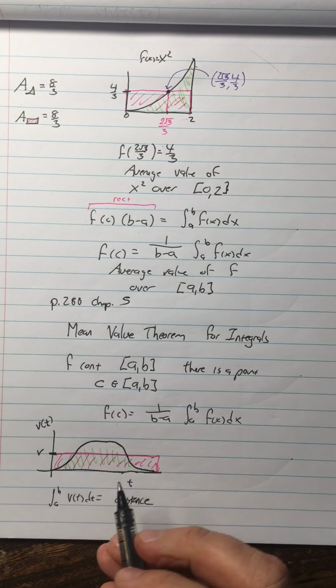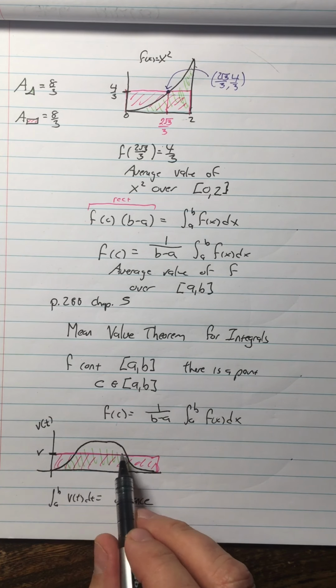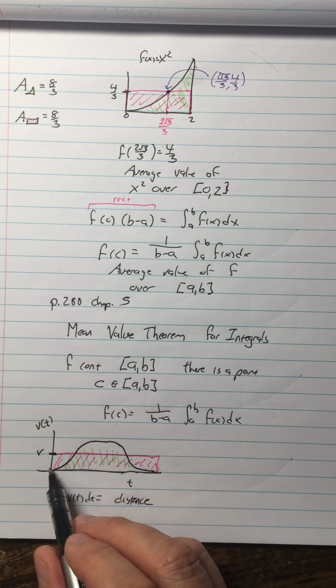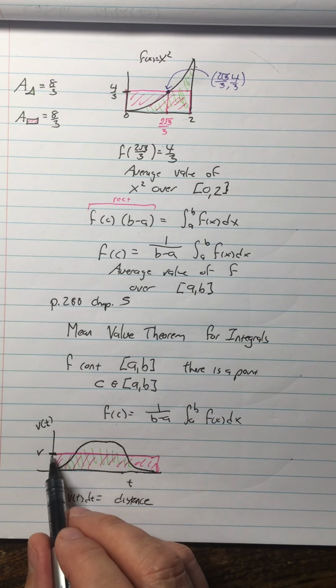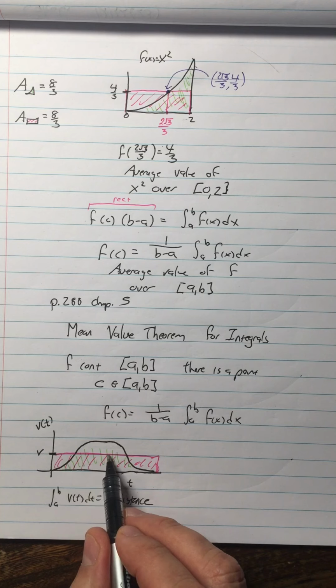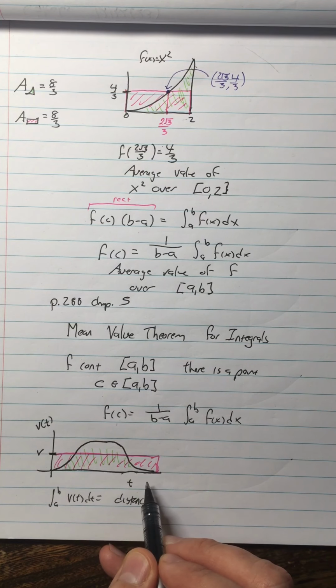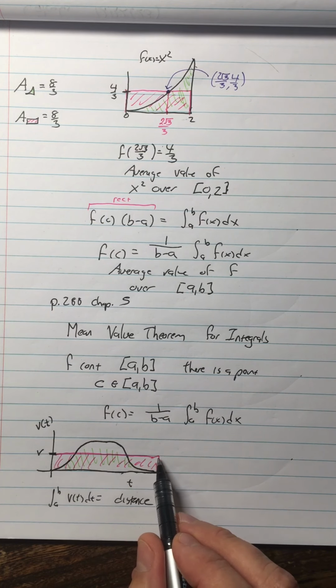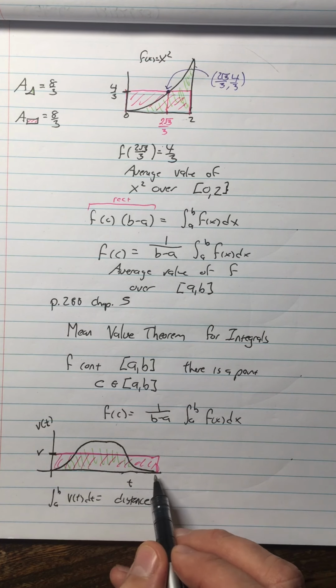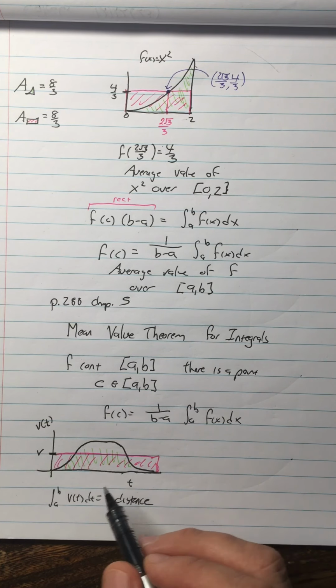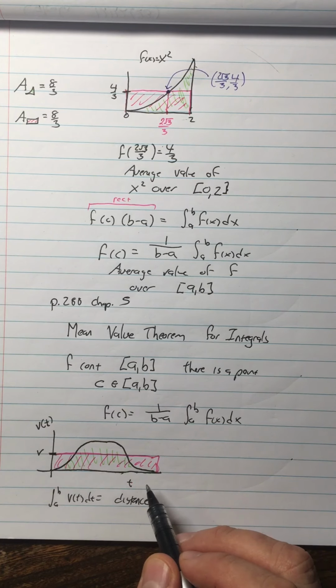So what that means is that the distance covered in that time by the complicated shape is the same distance I would cover if I constantly traveled at a certain velocity and then stopped. So it's a constant velocity that covers the same distance in the same amount of time as my complex velocity curve. So that's why it makes sense to call it the average speed of the vehicle.